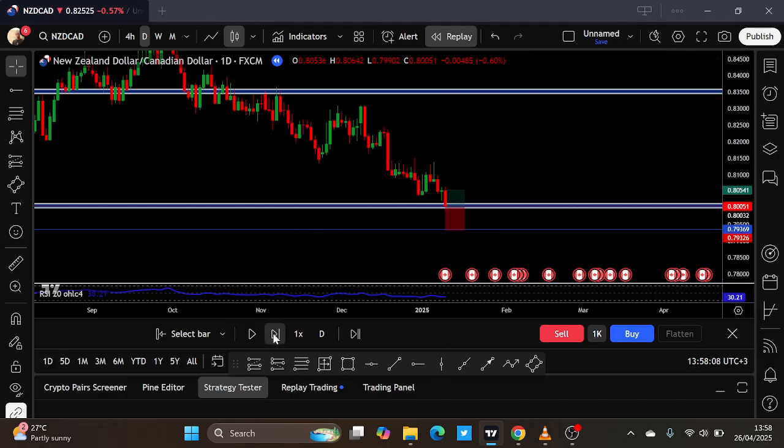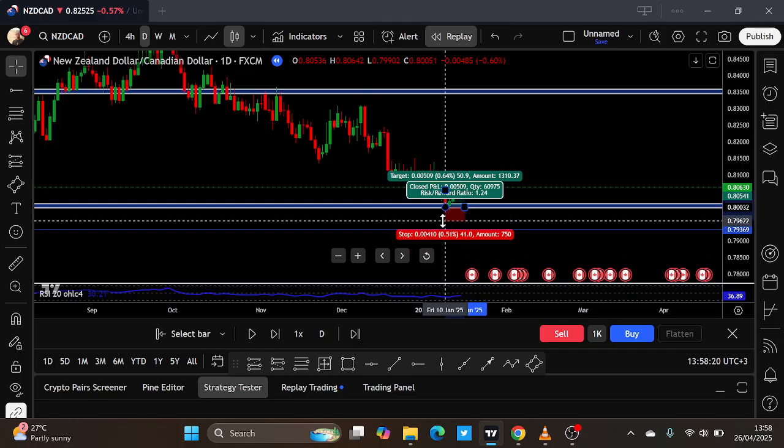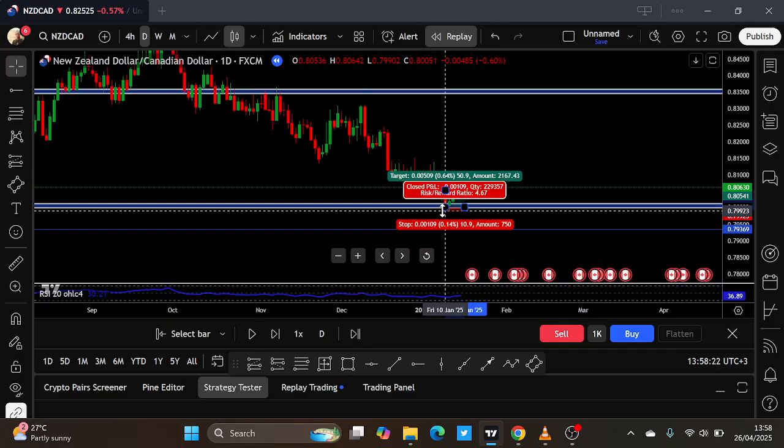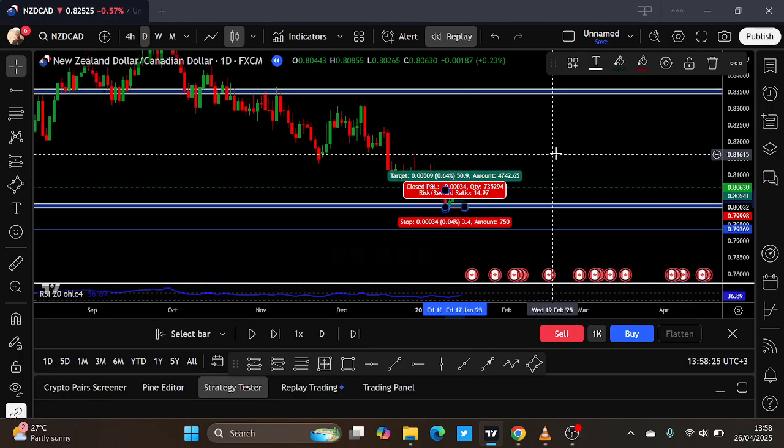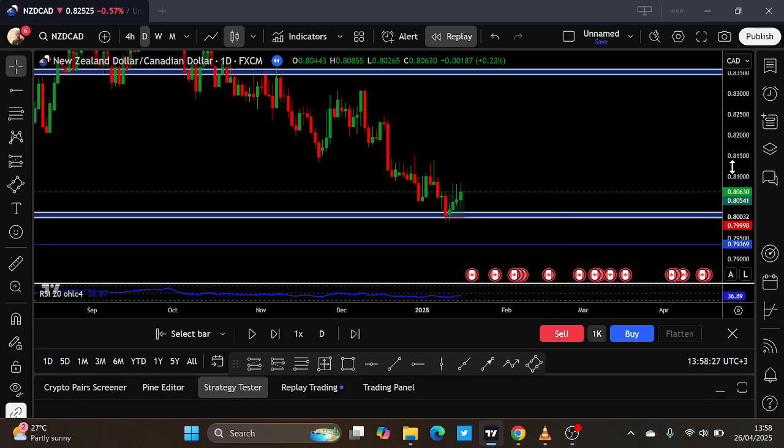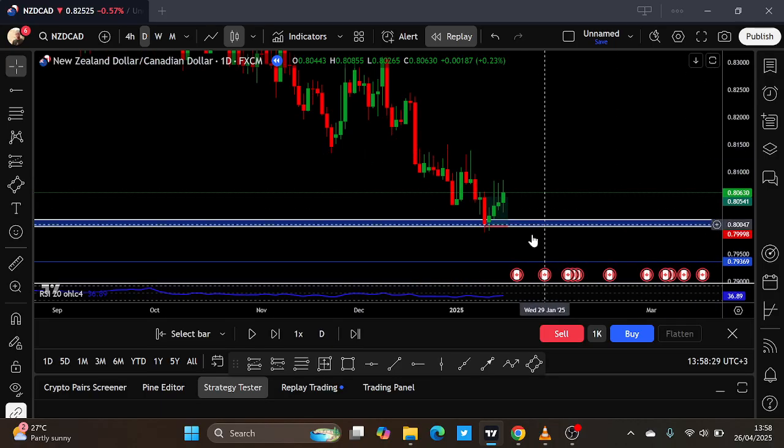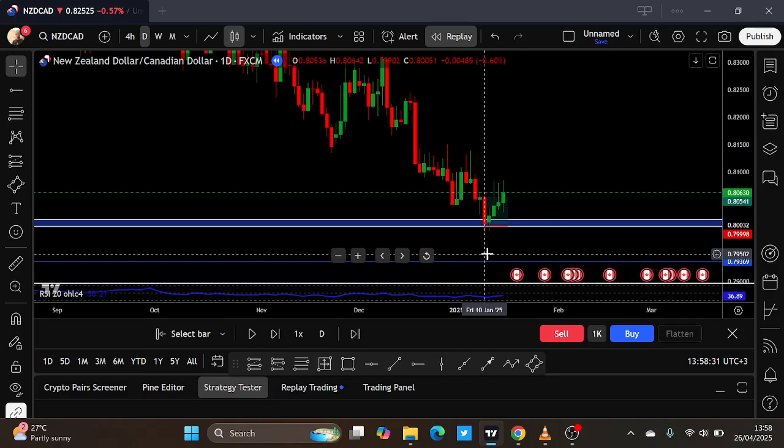Okay, so now we play price forward. You see, buying pressure comes in, more buying pressure, more buying pressure. Good. Now at that point is when you move your stop loss to break even, such that even when the trade does not go as anticipated, you're not losing anything.